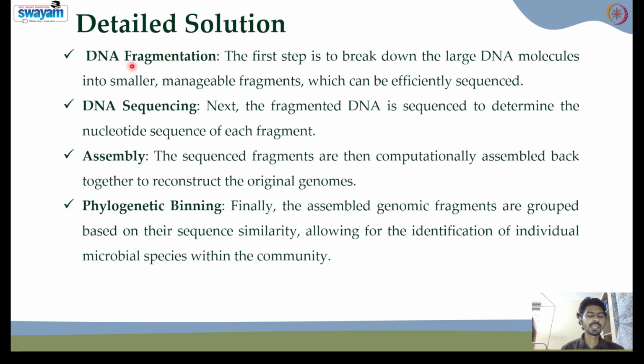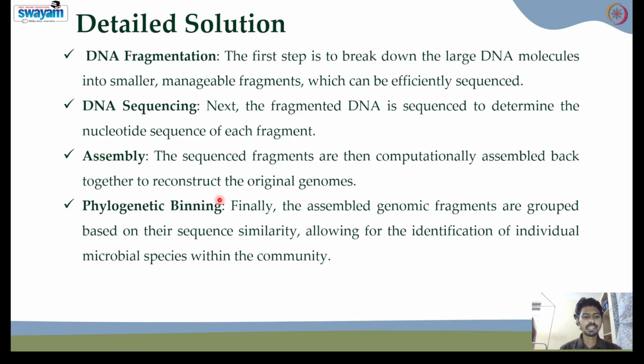Then comes DNA sequencing: these small fragments will be sequenced through NGS to determine the nucleotide sequence of each fragment. Then they will do the assembly. Once sequenced, the fragments are computationally assembled, and they reconstruct the original genome by joining the fragmented DNA sequences.